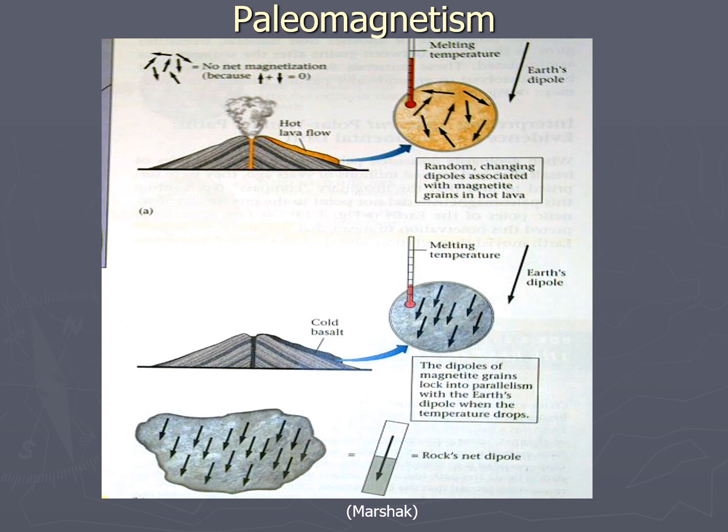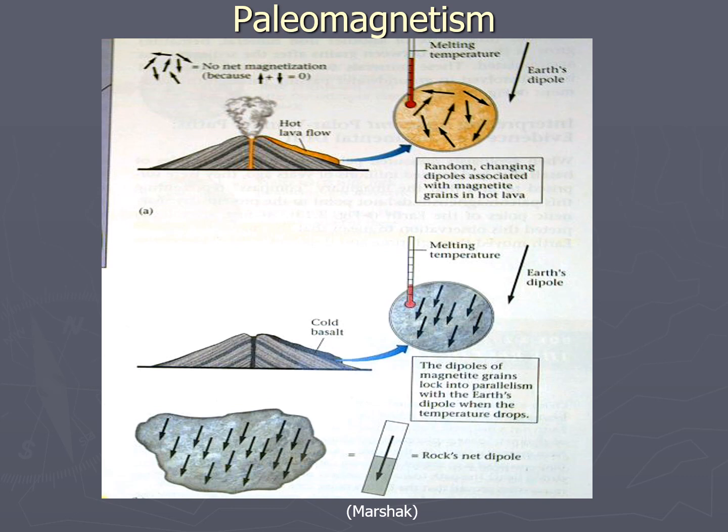Okay, so how does this work? Paleomagnetism. In the drawing on the top there, imagine that that's part of the mid-Atlantic ridge. It's underwater. And as you have new melt forming, while it's still molten, your magnetite crystals grow out of the melt, and they're just pointing in whatever direction.